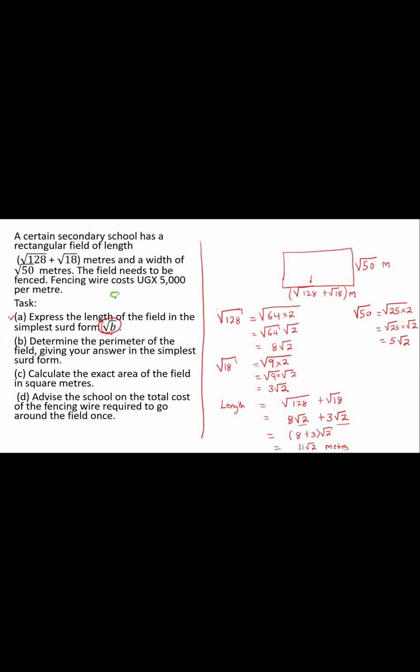If I have 5 root of 2, to take the 5 back inside the root, I will square it. I will say 5 squared times 2, such that here I'll end up with root of 25 times 2, which will give me root of 50. That's how we take the 5 inside, such that when you separate, this becomes root of 5 squared times root of 2. And the square and the square root cancel, so you get back to the original thing. Members, is that okay in the chat?